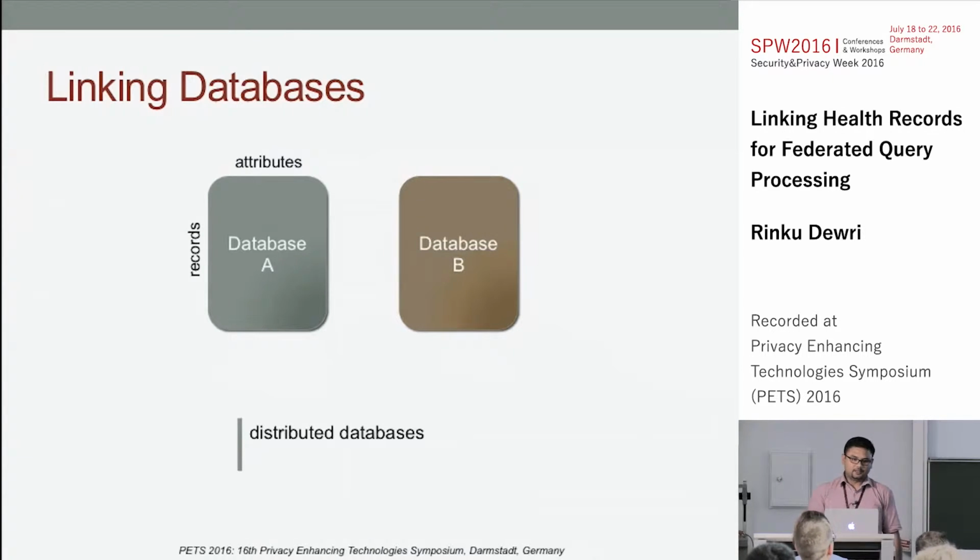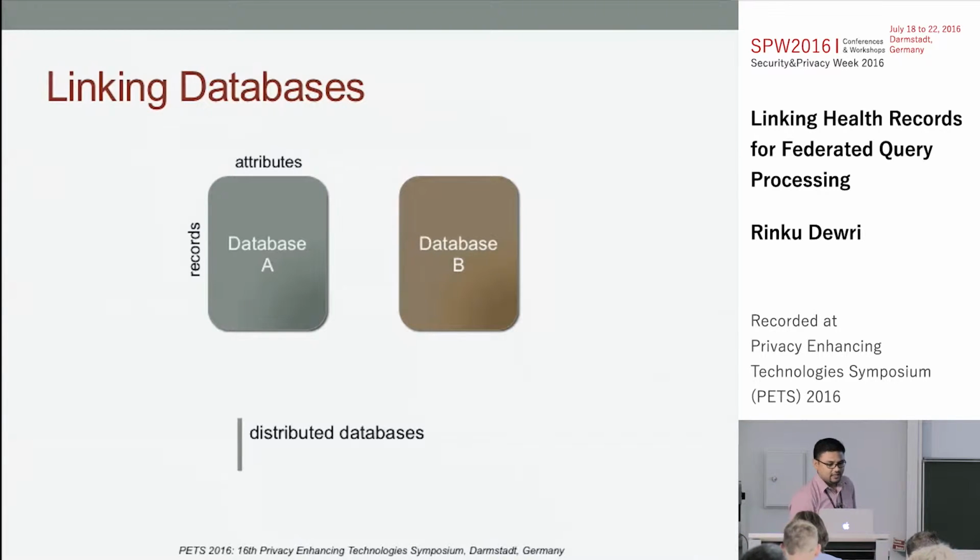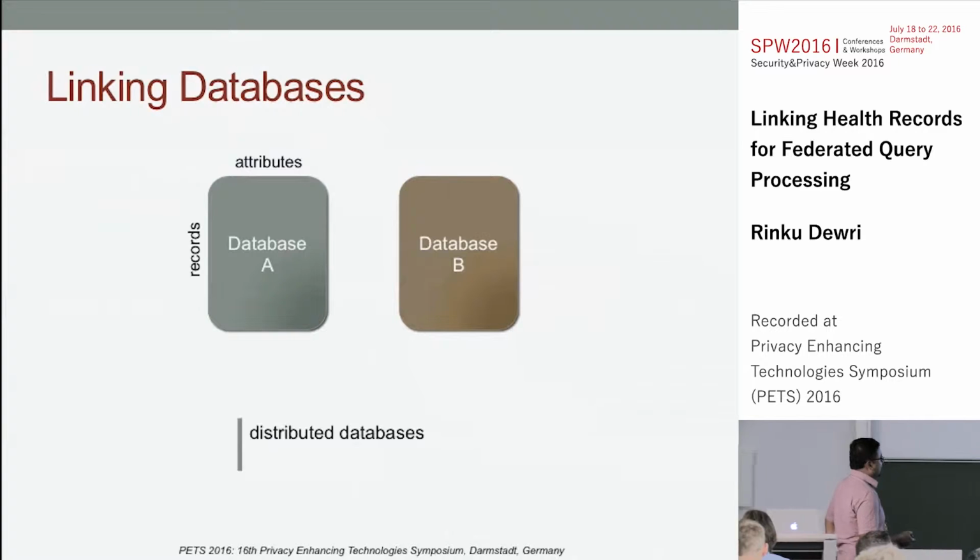So we have two parties having two such health databases, and they're distributed in nature. They are at different locations, and often they do not want to disclose the database, again due to the sensitive nature of the data.